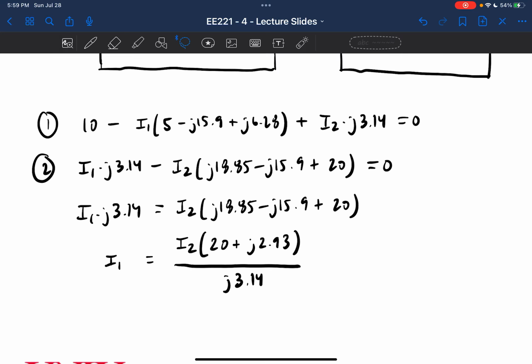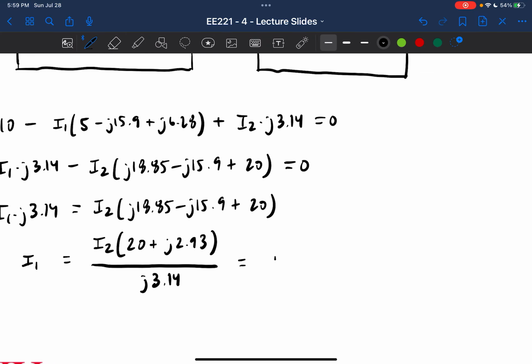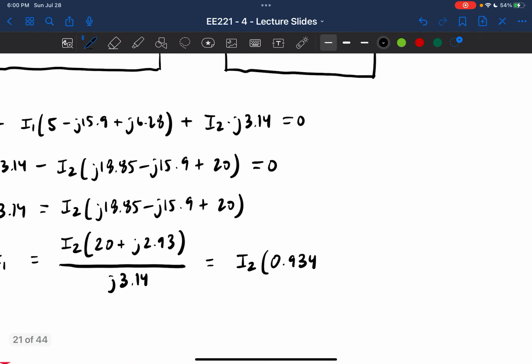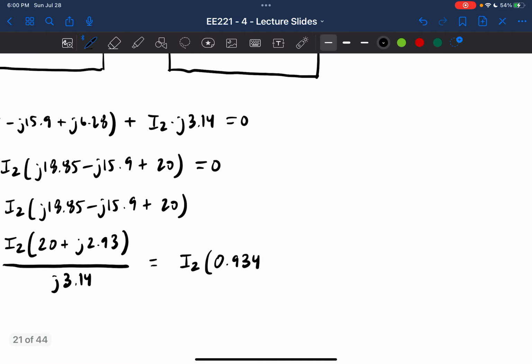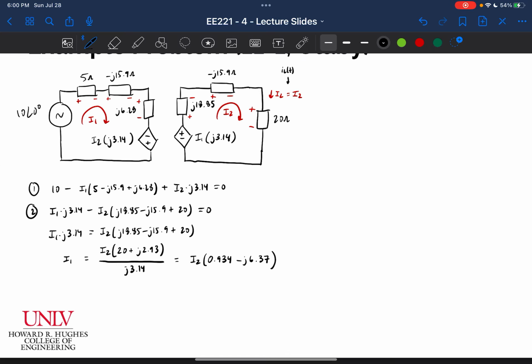And I get that I1 is equal to I2 times 0.934 minus j6.37. Okay? So now I can take this and plug it back into equation 1.